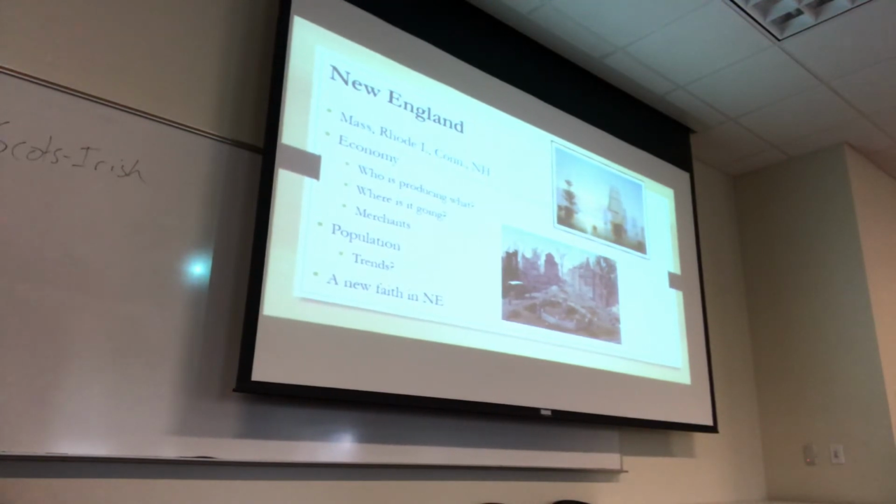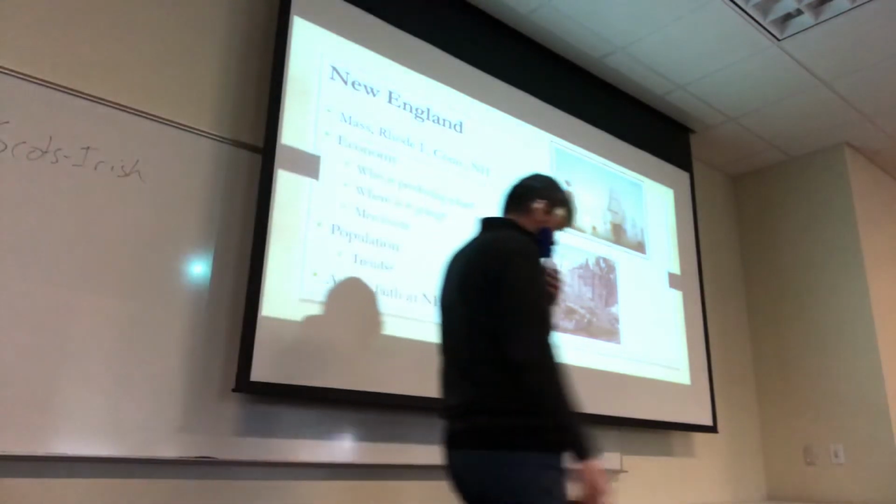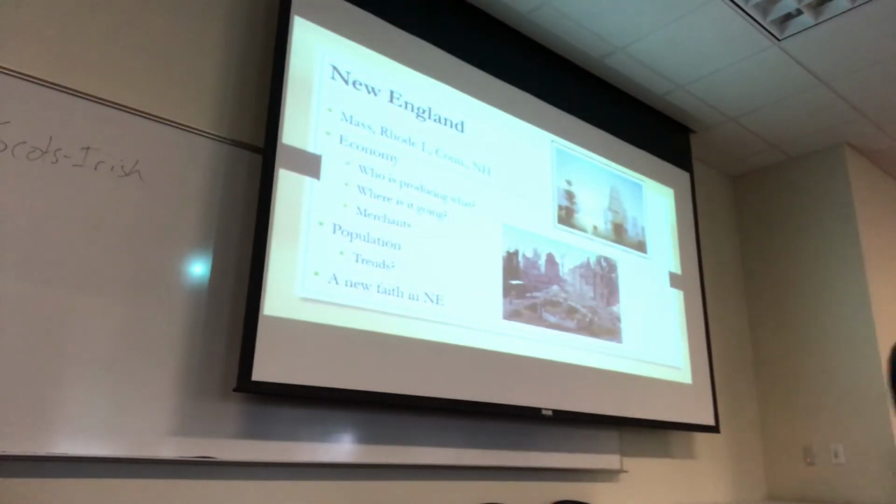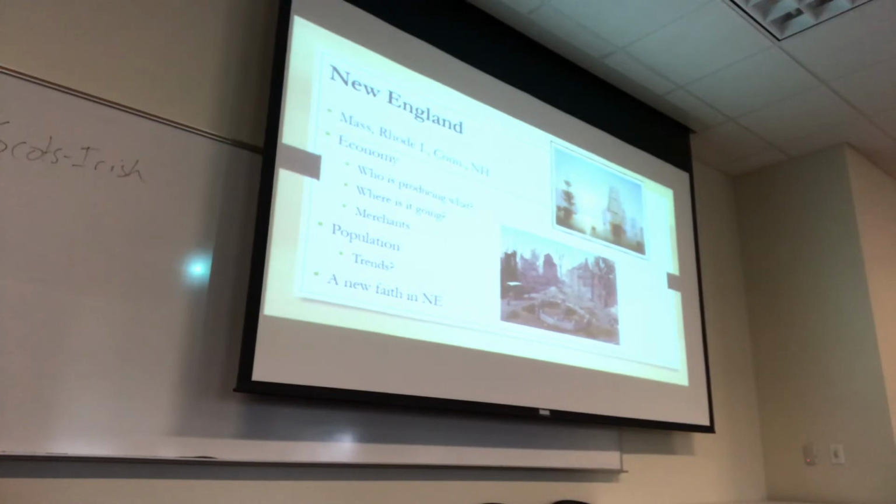So first, New England, including Massachusetts, as you know, which had subsumed or taken into itself Plymouth. And then, as you know, breaking off from Massachusetts, we had Rhode Island and Connecticut, and then we added to that New Hampshire. In terms of the economy here, it's still a lot of small family farms, which is what it was from the beginning.